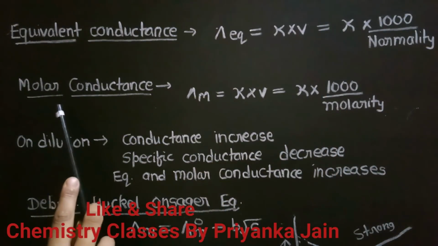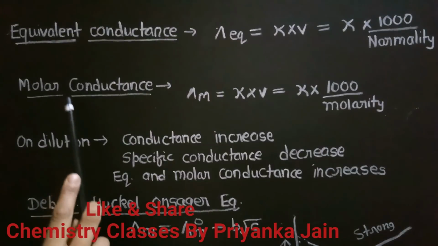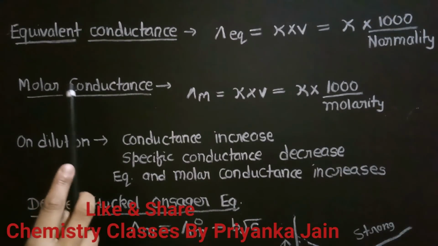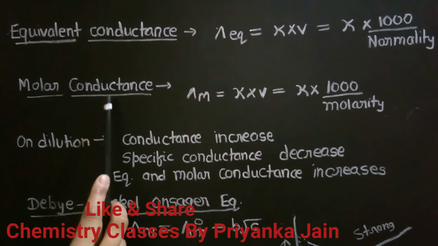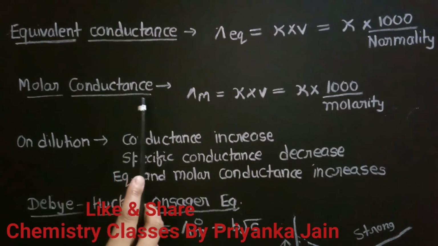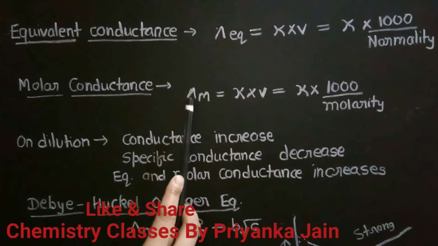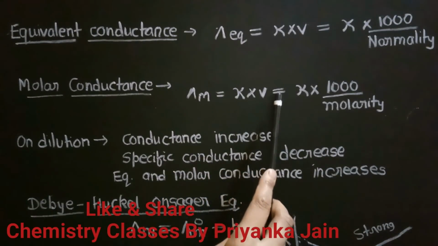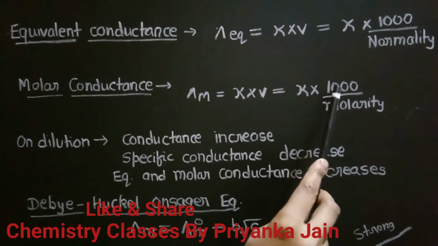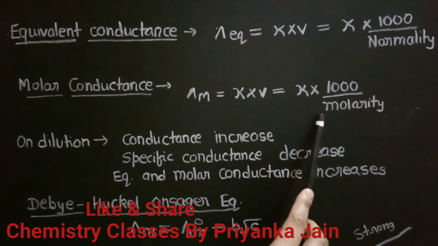Another is molar conductance, that is the conducting power of the ions present in 1 gram mole of an electrolyte in a given volume of the solution. It is given by mu m is equal to kappa times V, which equals kappa times 1000 divided by molarity.